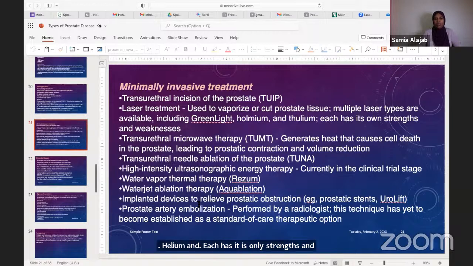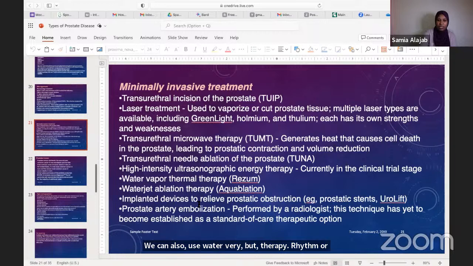We can also use transurethral microwave therapy, which generates heat that causes cell death in the prostate, leading to prostatic contraction and volume reduction. Also, transurethral needle ablation of the prostate, and high intensity ultrasonographic energy therapy, currently in the clinical trial stage. We can also use water vapor thermal therapy, Rezum, or water jet ablation therapy, Aquablation.